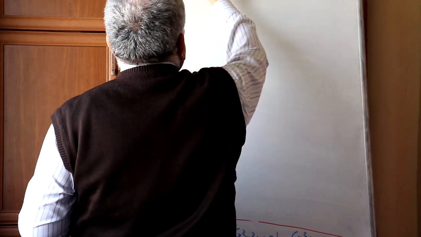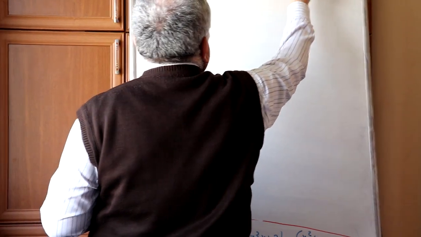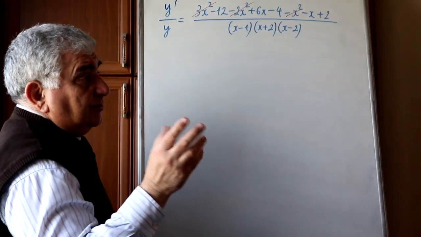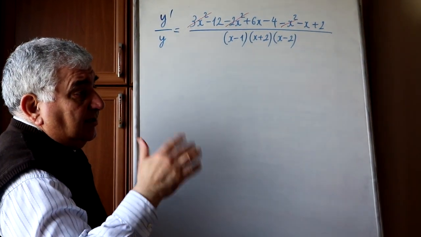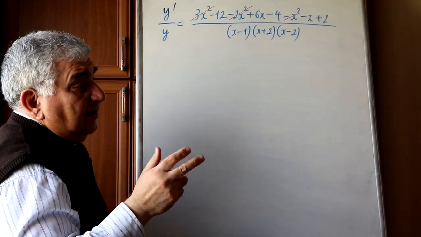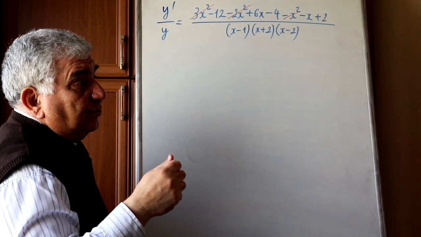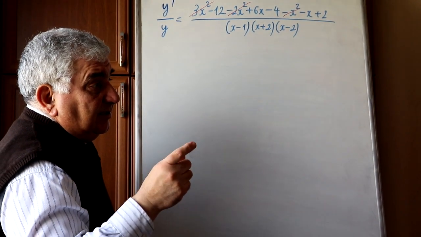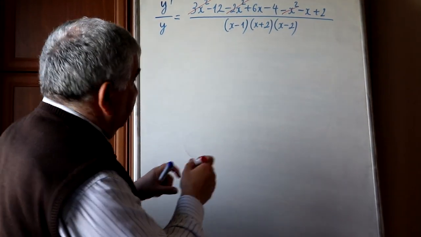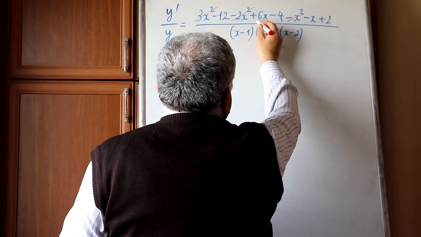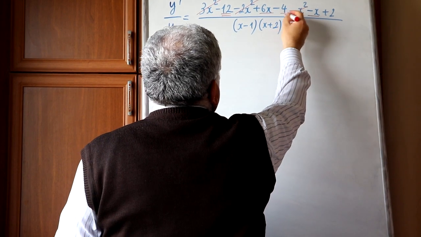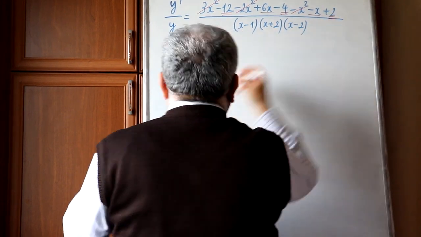Here we can remove 3x squared minus x squared and minus x squared, and then collect the similar terms. What is collect the similar terms? In Azerbaijani it is oxşar hədləri islah etmək, and in Russian привести подобные члены. Collect the similar terms. Here collect 6x and minus x, and then collect minus 12, minus 4 and 2.